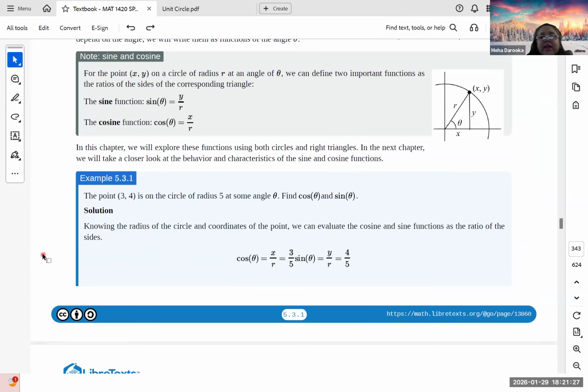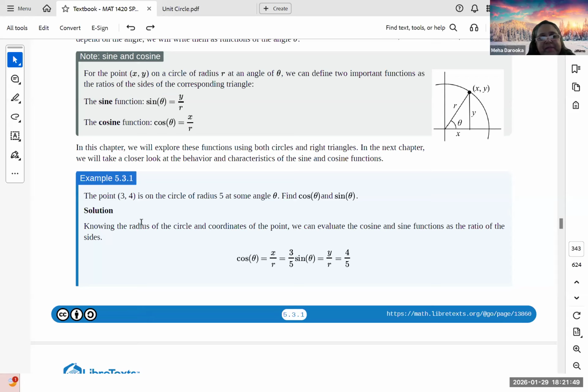So they're telling us, you have a point (3, 4) on the circle. Your circle has a radius of 5 at some angle theta, and you will see right now the angle theta is not going to matter. They're just asking us to find what the sine and cosine functions are going to be based on this information.